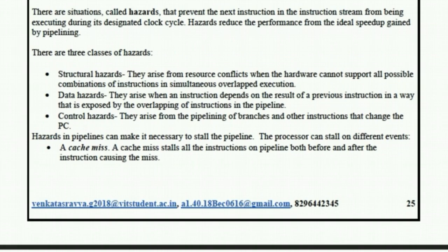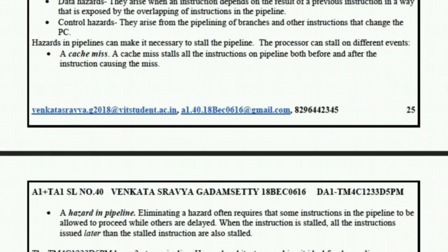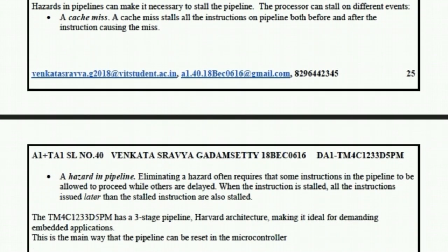Hazards reduce the performance from the ideal speed up gained by pipelining. There are three main classes: structural, data, and control hazards. We also learned what a cache miss is in our class. A cache miss is when it stalls all the instructions in the pipeline, both before and after the instruction causing the miss.